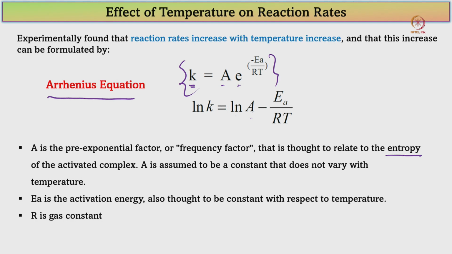It is related to the entropy of that activated complex, and it is assumed to be a constant that does not vary with temperature. Ea is the activation energy of the reaction, and for every reaction that is determined.